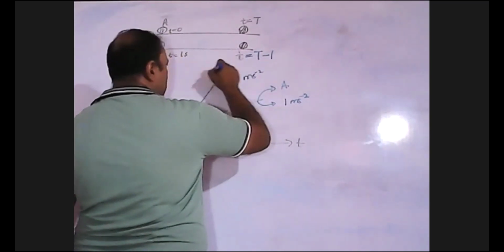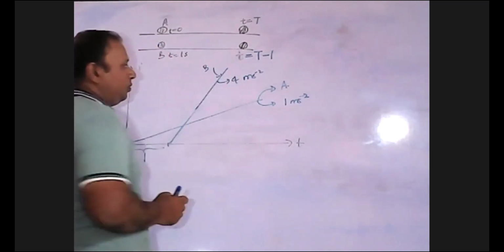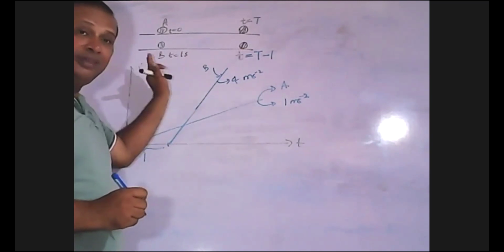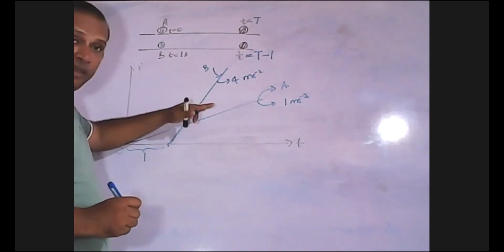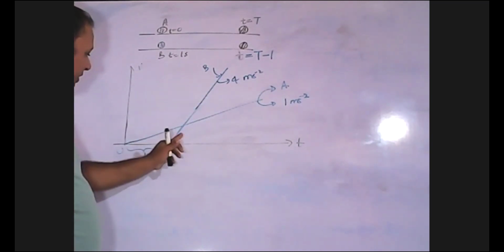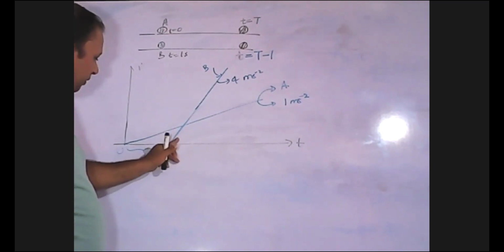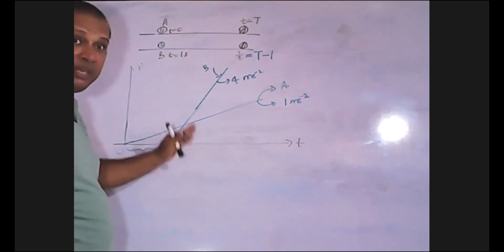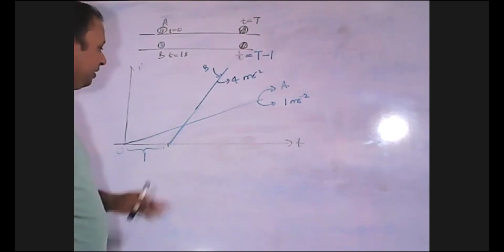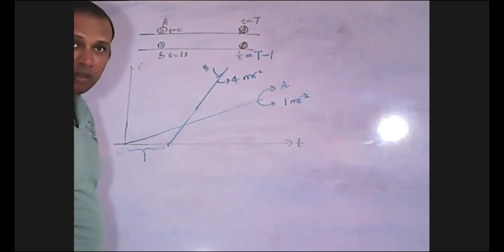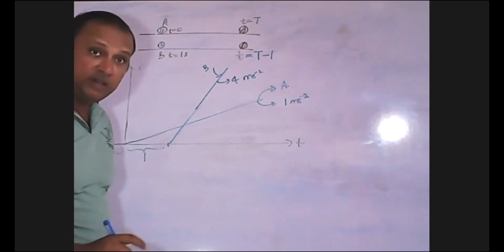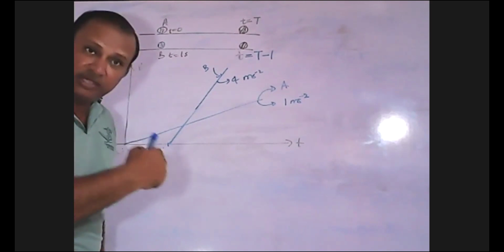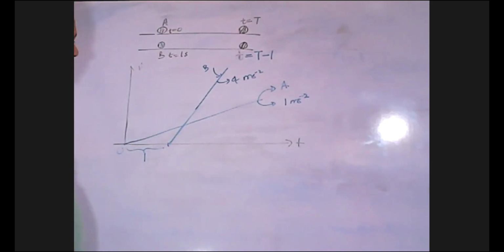This is V. You know B has a greater acceleration. Therefore, the gradient of B should be higher than the gradient of A. Therefore, the angle between the positive x axis and the graph should be higher in B than A. Okay, when you are drawing two curves, you should understand this one. You have to mention that thing, otherwise it is wrong.